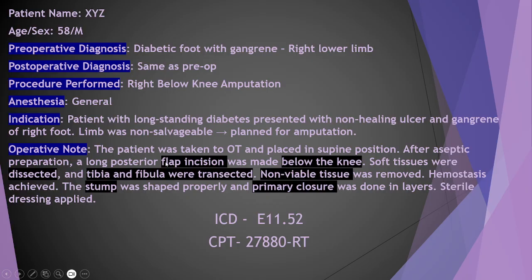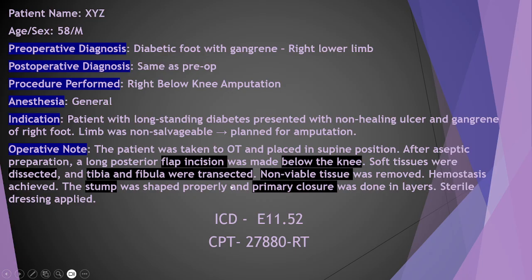So here you can see the flap incision, the region is below knee, soft tissue dissected, and the region is tibia and fibula. So it is an amputation, because tibia and fibula is through the bone. The removal of the limb from the lower limb is at the bone area, not the joint area.